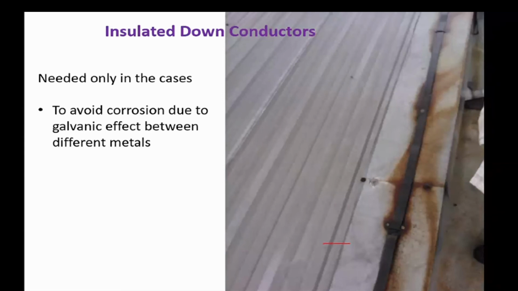If the materials are not compatible triboelectrically, there may be serious corrosion in between the air termination and down conductor and the roofing or walling material. So what you see here is a serious corrosion that has taken place when copper tapes are aligned on iron roof material.